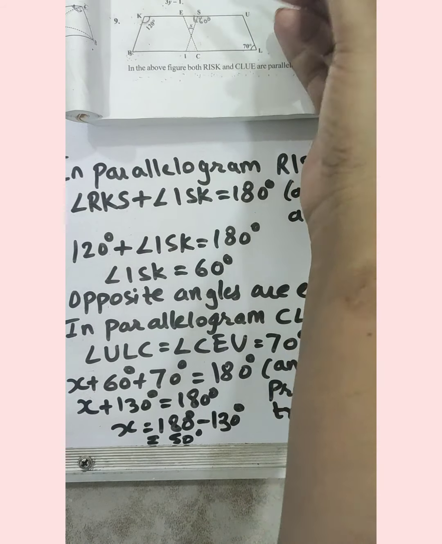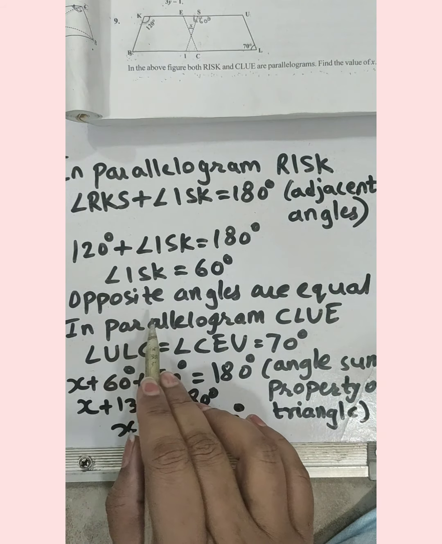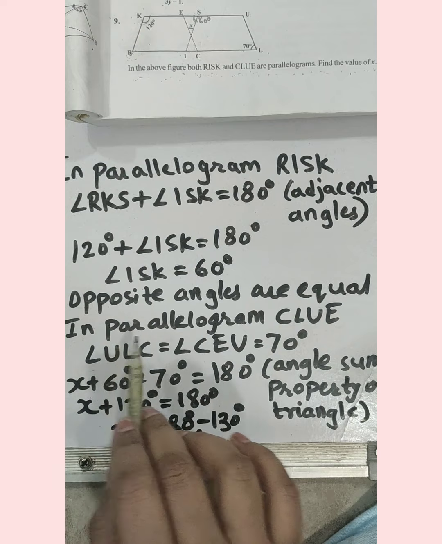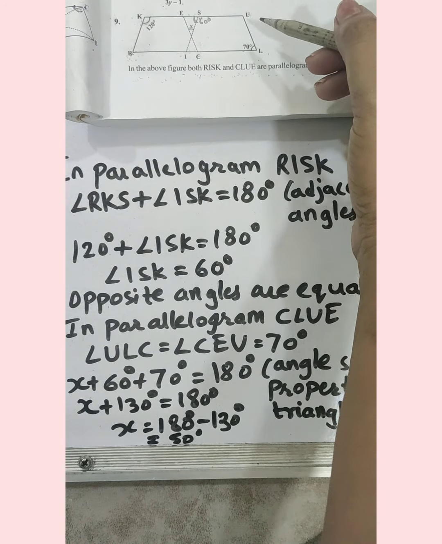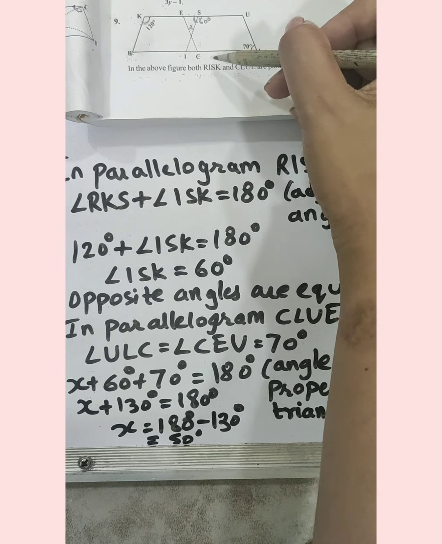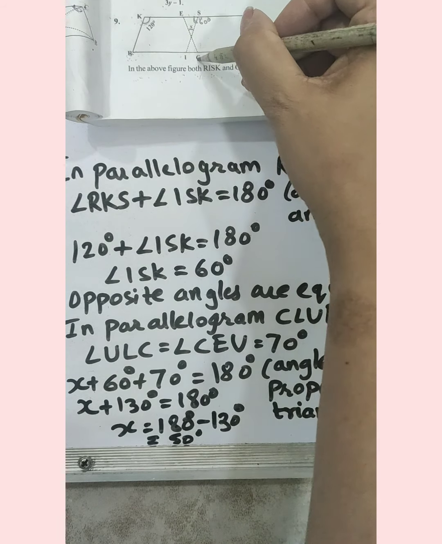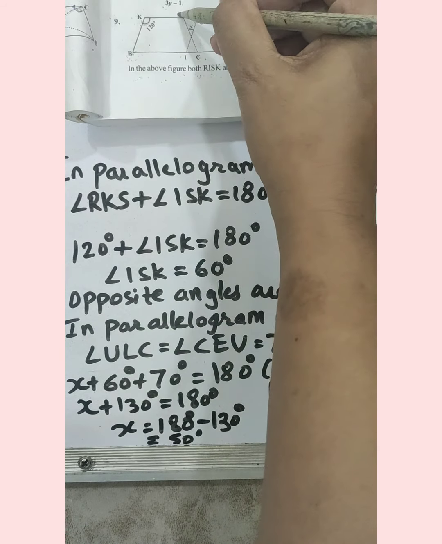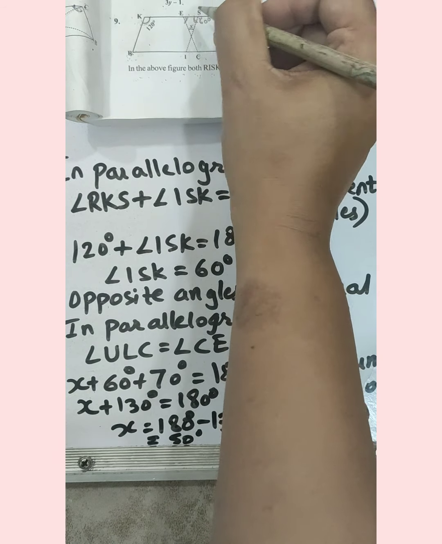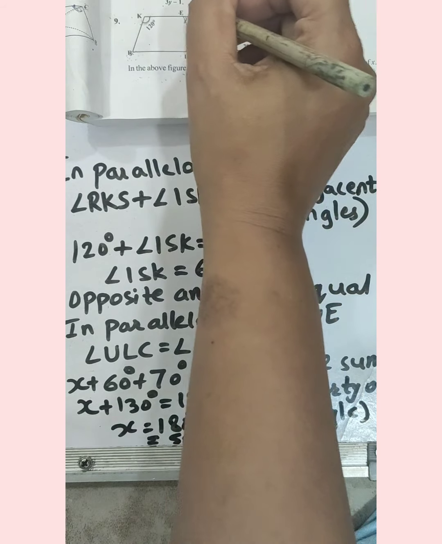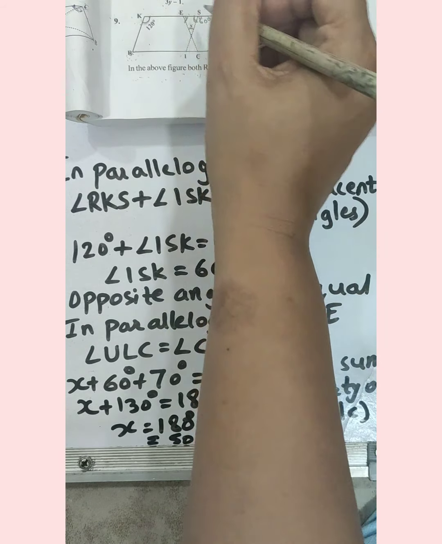Similarly, now my next parallelogram is CLUE. Here if you observe, my angle ULC and my angle CEU, that is this angle 70 and this angle, both are opposite angles. So according to the property of parallelogram, they are equal.